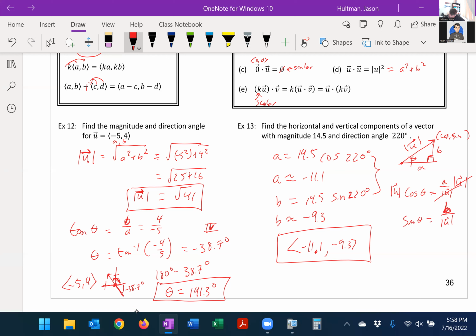If I multiply by the magnitude of u on both sides, I get B equals the magnitude of u times sine theta. So that's where we get these formulas from. I just thought I'd derive those for you so it's not coming out of thin air.